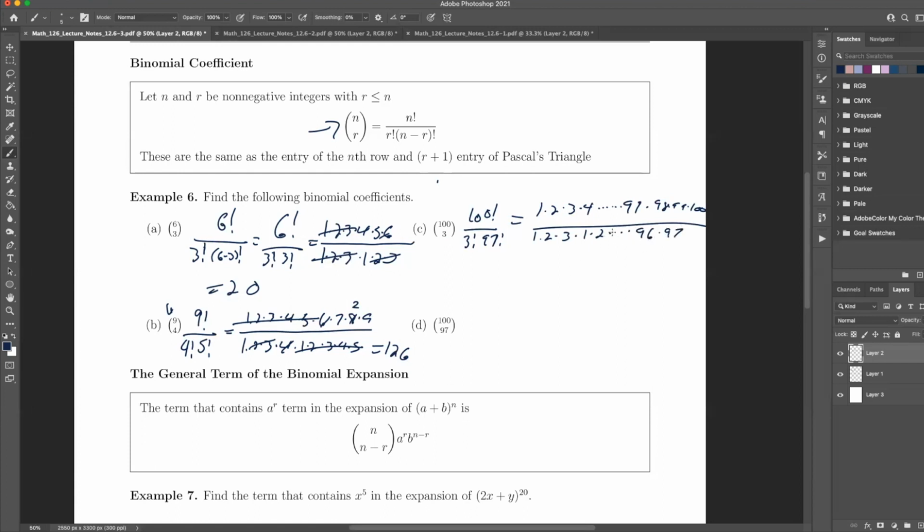So the 1 times 2 up to 97 will cancel out all this, and I have 100 times 99 times 98 over 6, so it's actually not too terrible to calculate. Now if I was going to do this over 97, this is 97 factorial over 3 factorial. Well, guess what? That's the same as that. These are the same.